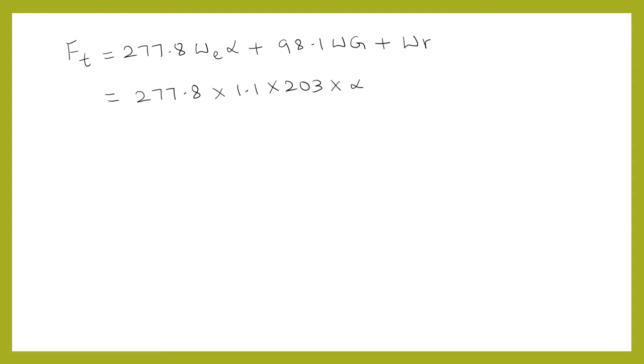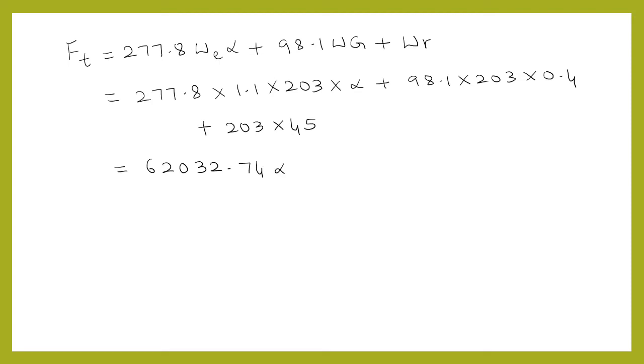We have Ft equal to 277.8 WE alpha plus 98.1 Wg plus Wr, that is equal to 277.8 into 1.1 into 203 into alpha plus 98.1 into 203 into 0.4 plus 203 into 45, so that we get it as 62,032.74 alpha plus 17,100.72.